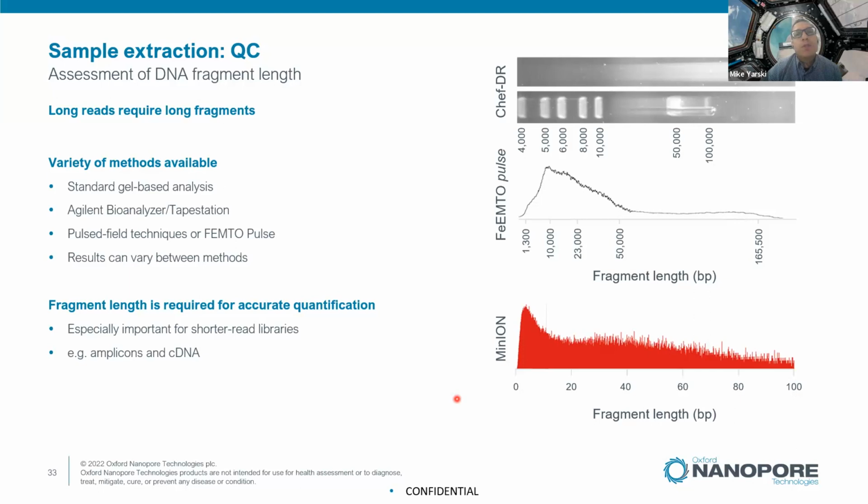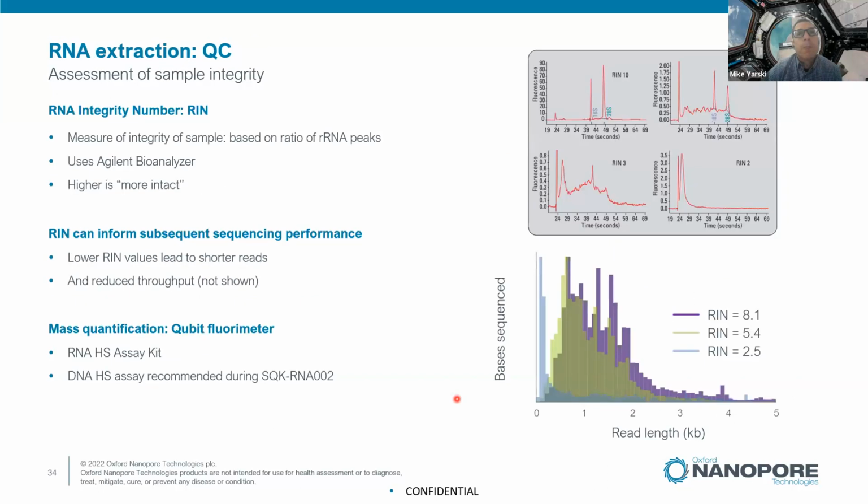The FemtoPulse is the best, but not everyone has one of those. You can also do pulse field gel electrophoresis. The thing with Agilent bioanalyzers, they tend to cut off and lump everything from about 10 kb all the way up to 70 kb. So it's really hard to size a library from Nanopore on a TapeStation, but it's better than nothing.